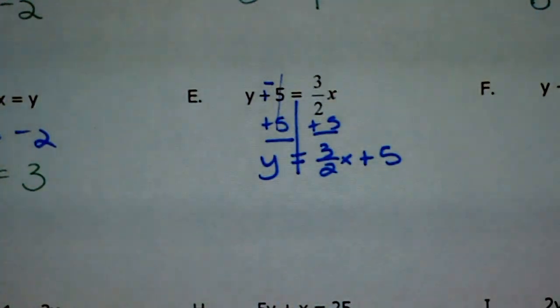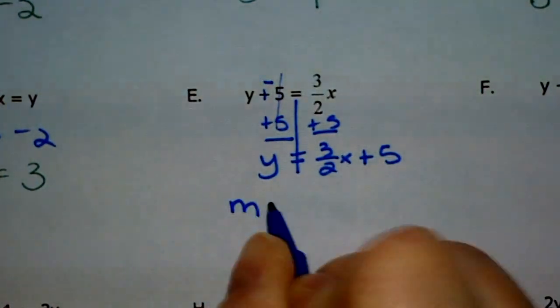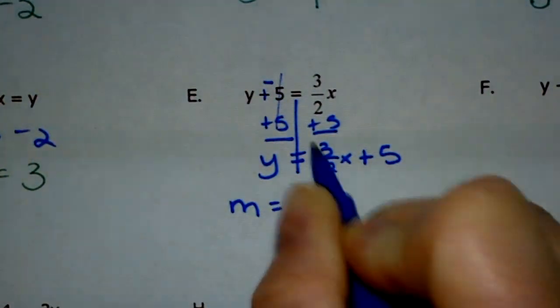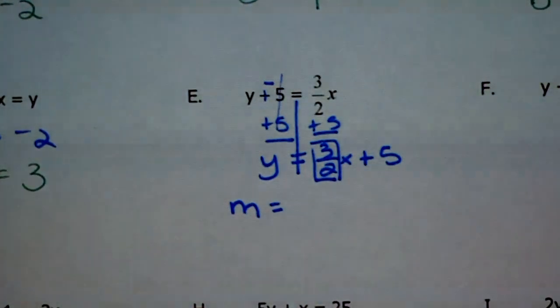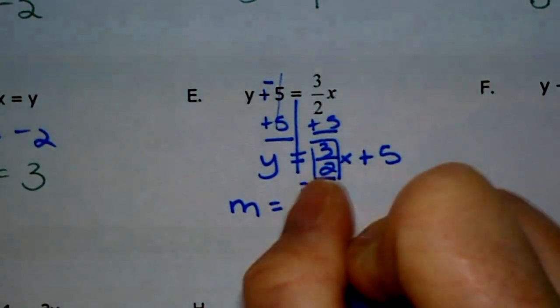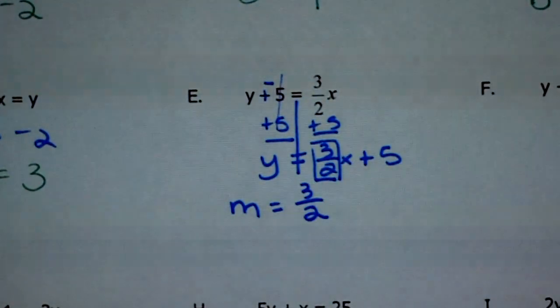Now that it's written in the form of y equals some number times x plus 5, we're just going to identify those. So m, the number in front of the x, yeah, it's a fraction. It's great when it's a fraction because the slope is supposed to be a ratio of rise over run. So I'm just going to go ahead and write 3/2. I'm not going to change it to 1.5. I'm going to leave it just like that.